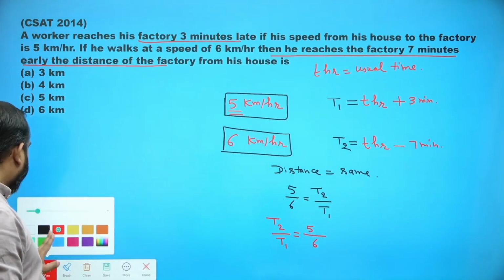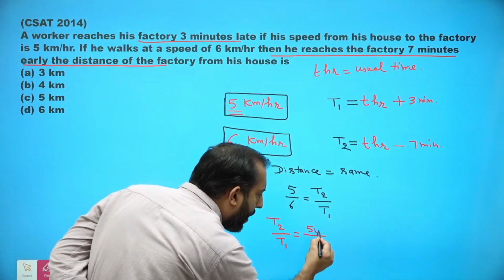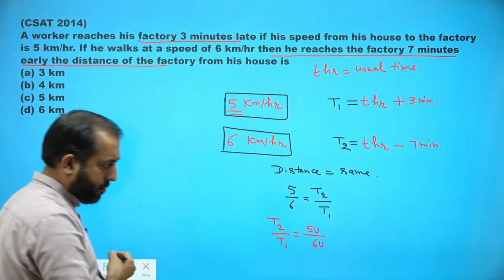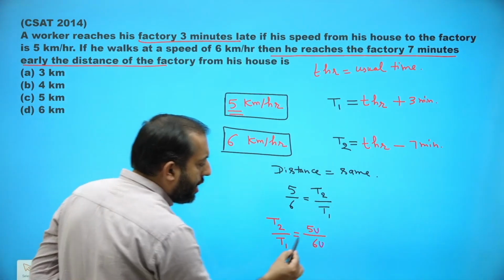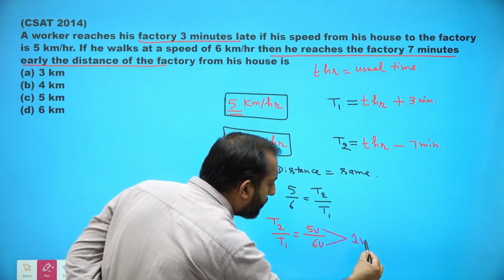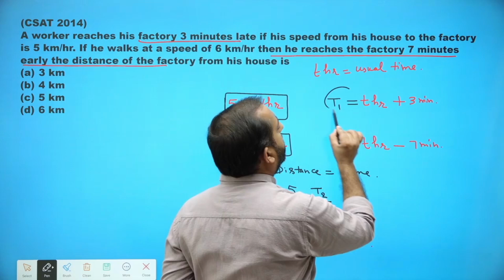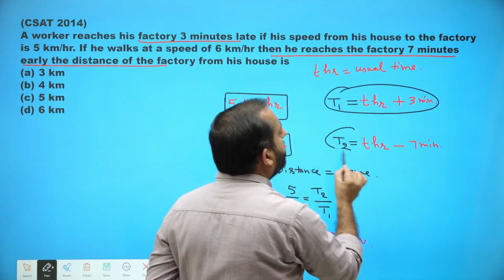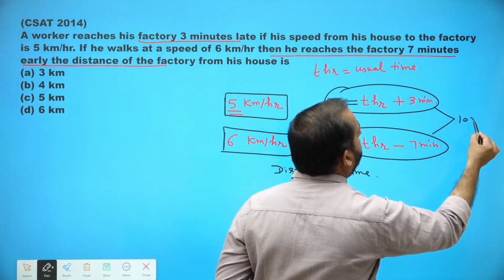Now suppose this is 5 units and this is 6 units: T2 is 5 units and T1 is 6 units. Then the difference between their times as per this is 1 unit. And if I check it here, the difference of these two timings is 10 minutes.